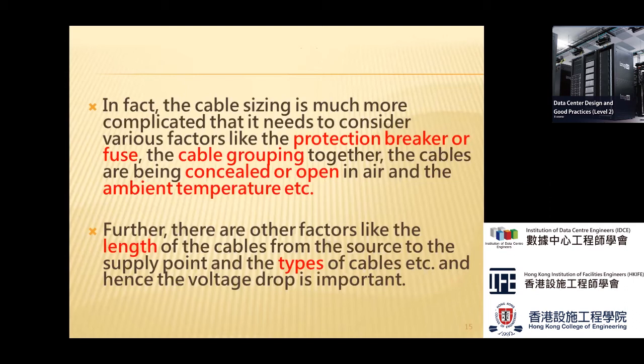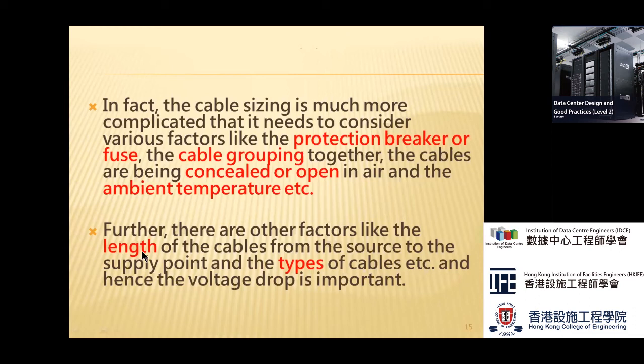There are also other factors, like whether the cable is concealed or installed open in the air, or the ambient temperature. So again, the ambient temperature is important, and whether the cable is confined, concealed, or in open air is also important. There is also the length of the cable.